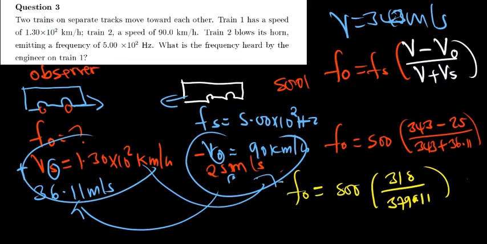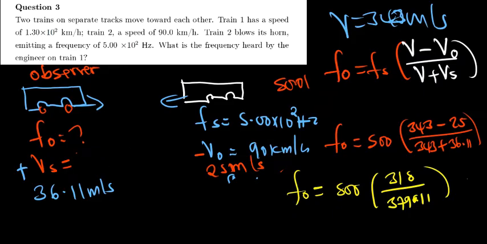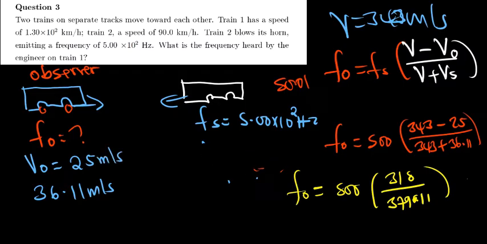So I'm supposed to write Vo, the velocity of the observer, which is 25, right? Then the velocity of the source should be Vs, which is 36.11. Yes.